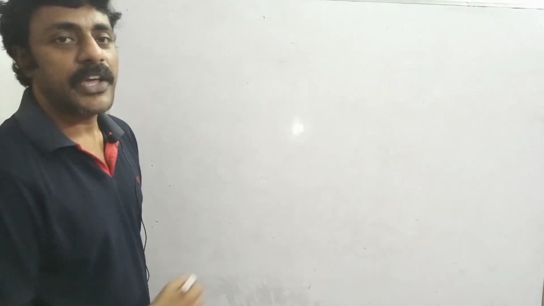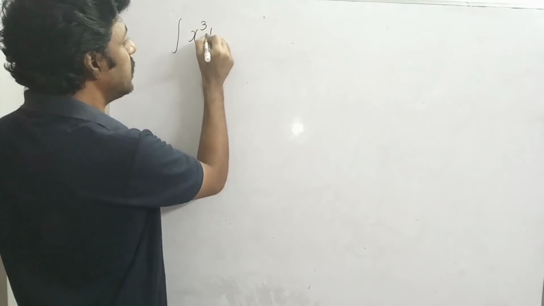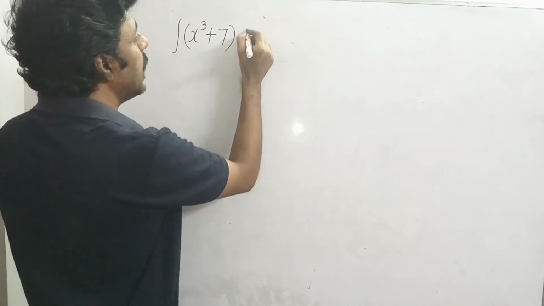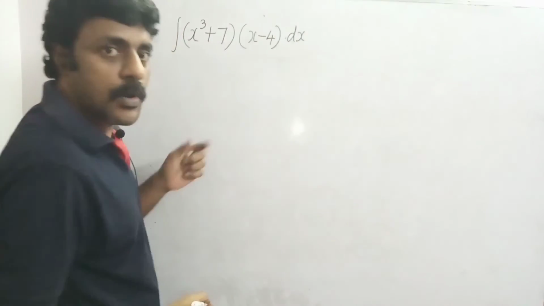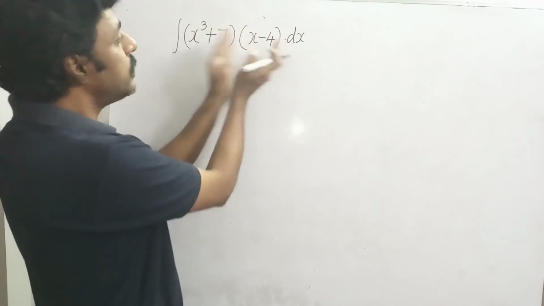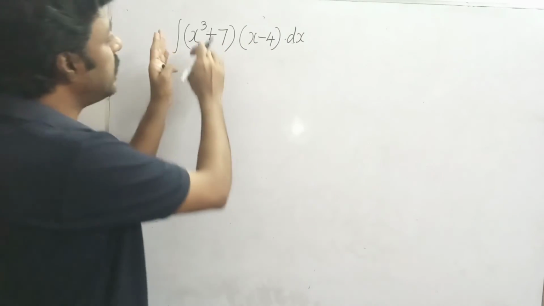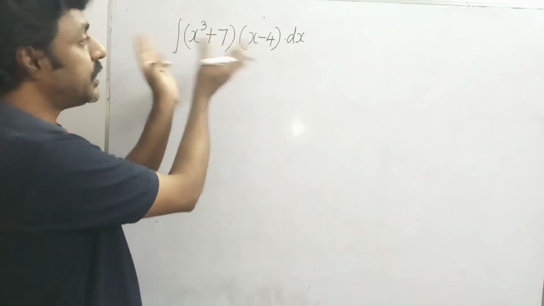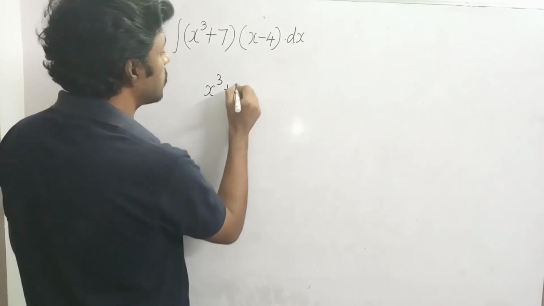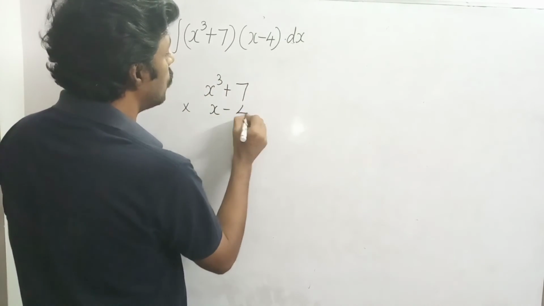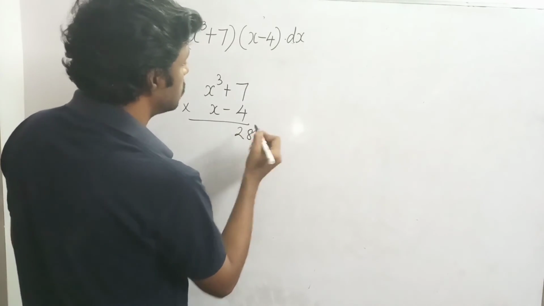Let's get into another problem. Integral of (x cubed plus 7) into (x minus 4) into dx. We are given two terms inside an integral, so we need to multiply both the terms and get the result. 7 fours are 28.